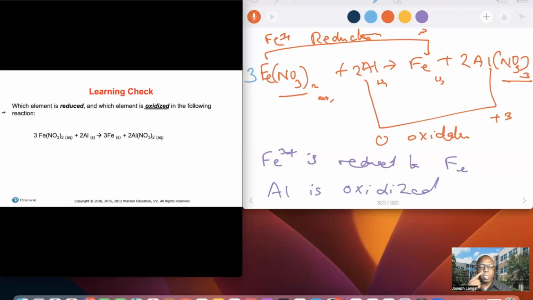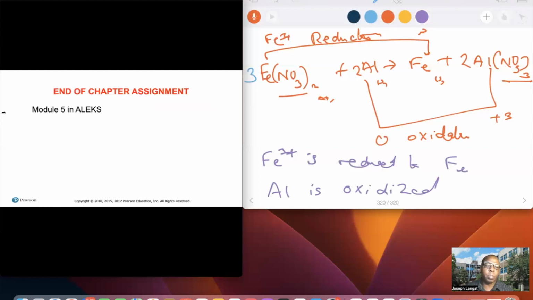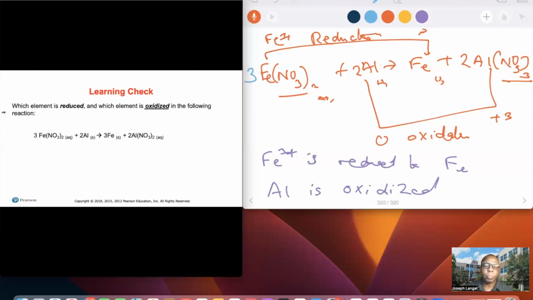Aluminum is oxidized. You have to assign oxidation numbers in order to see which species is gaining and which species is losing, and then make a conclusion about which one is oxidized and which one is reduced.